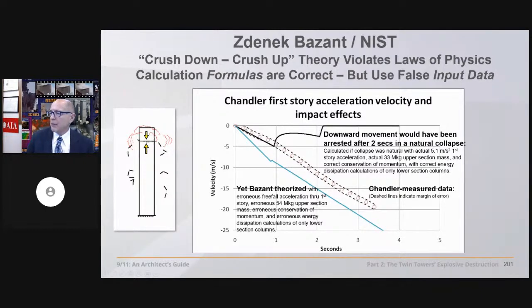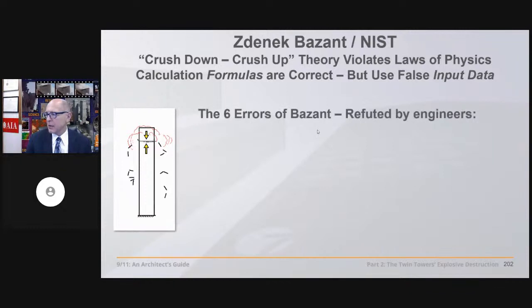But in reality, if you don't use fraud to calculate, you find out that the downward momentum is arrested within 1 second, and then in second number 2, it's completely stopped, actually. So that's the reality of the situation, and you can calculate it yourself. We'll look at that later on.